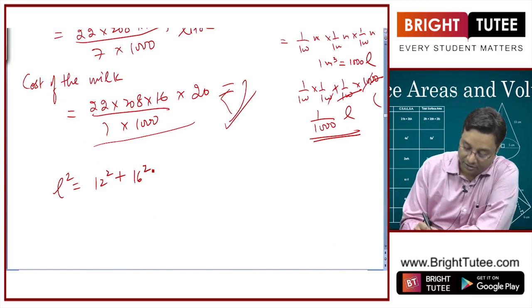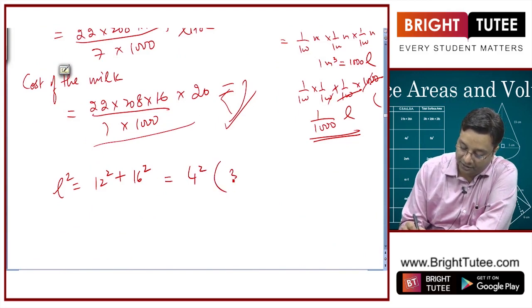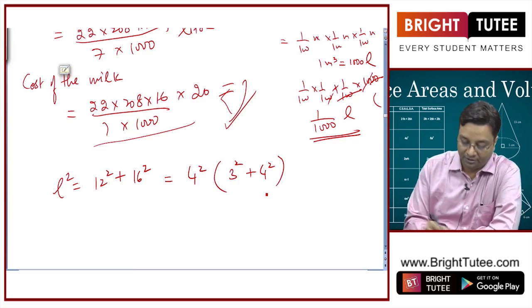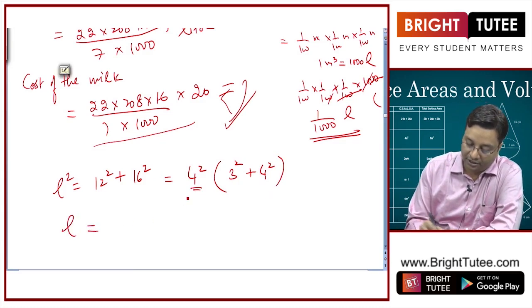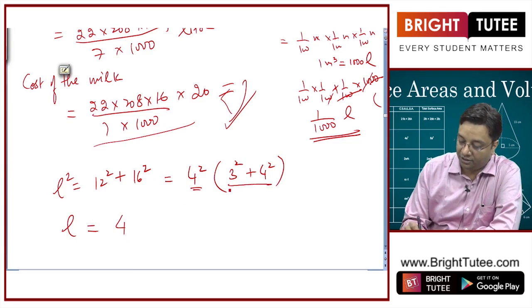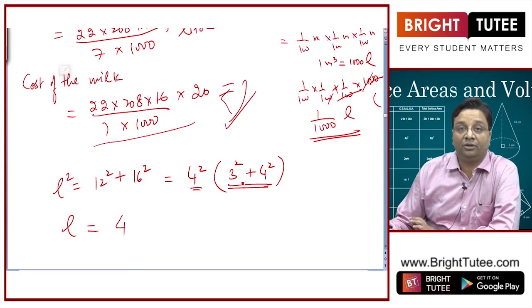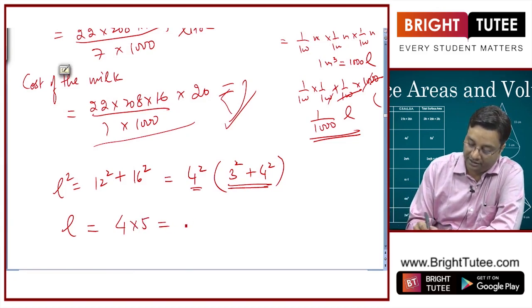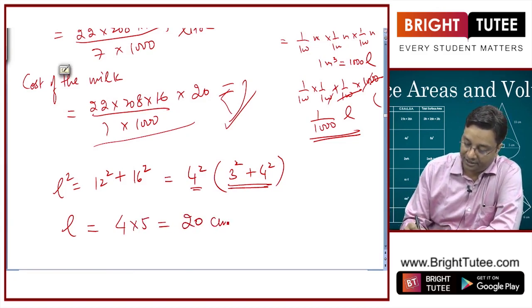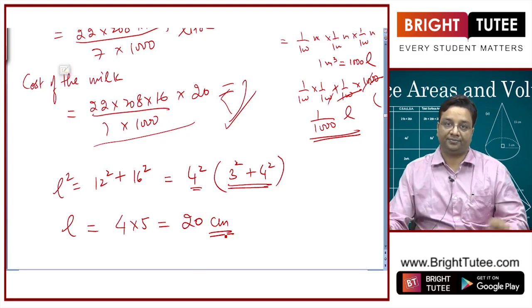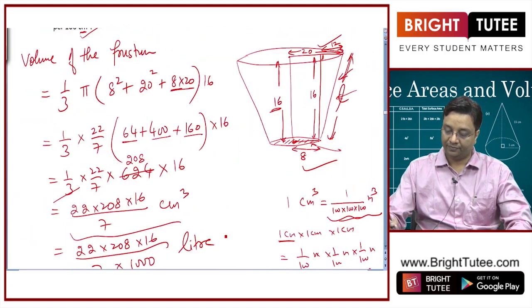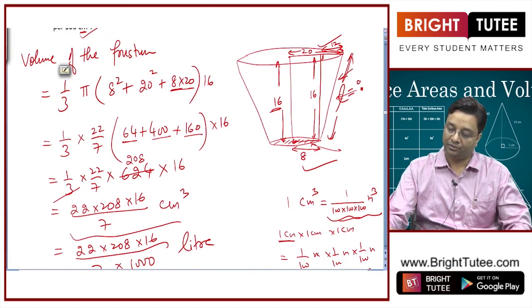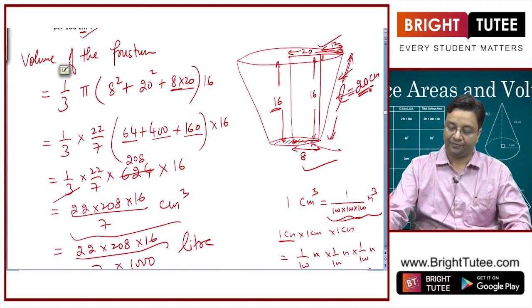Again you can take 4 square common from it, inside you will have 3 square plus 4 square. So L is equal to square root of 4 square is 4, 3 square plus 4 square is nothing but 25, 25 square root is 5. So 4 into 5, that is 20 centimeters. This is the slant height. It is equal to 20 centimeters.